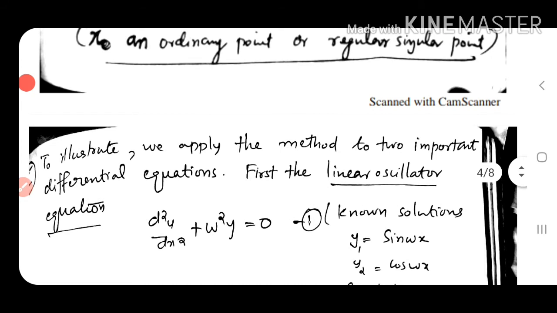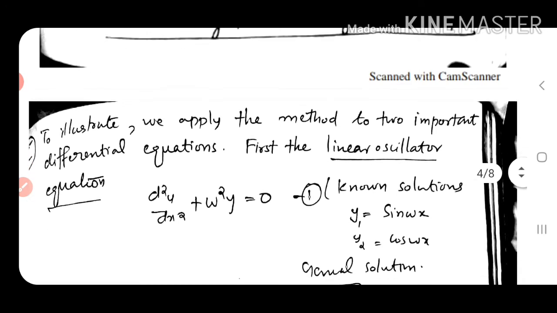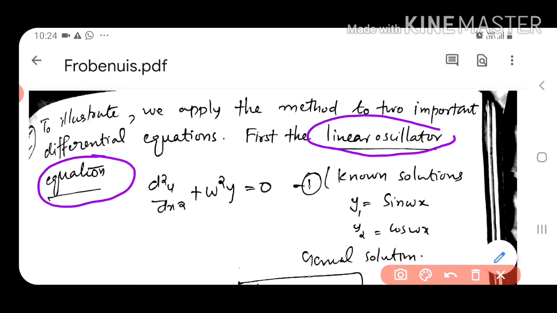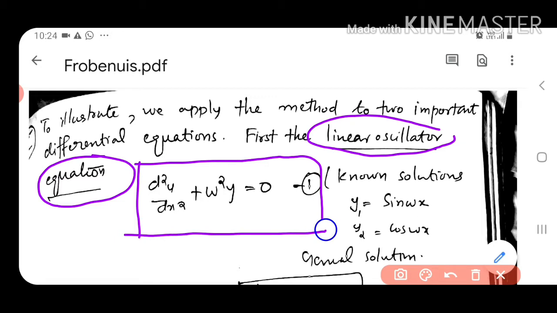To illustrate the method, we use the linear harmonic oscillator equation, which is this: d square y by dx square plus omega square y equal to 0. We are trying to obtain a series solution of this second order differential equation.